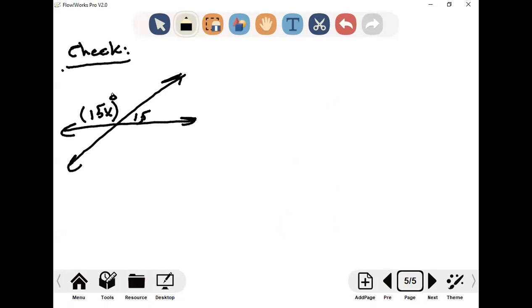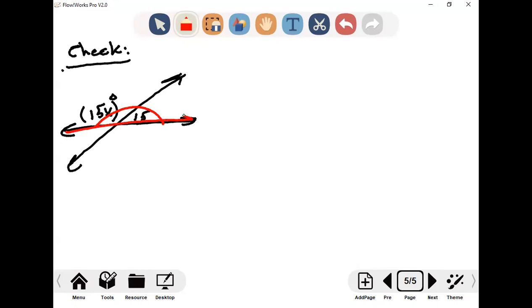Look at the board or in your book. We have two angles, the 15 and the 15x. Are they on a straight line? Yes, they are on a straight line.